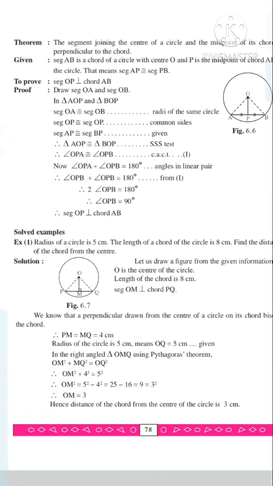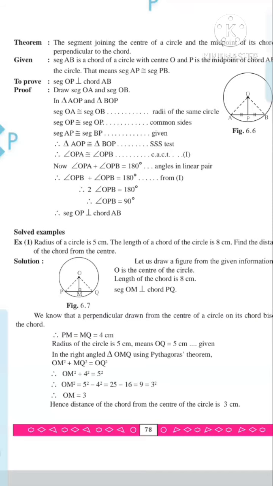Always write the given values in the equation which you have formed, then arrange it and solve. So OM square is equal to 5 square minus 4 square, that is 25 minus 16, you will get 9. But it was OM square, so you want OM, so the square root of 9 is 3. Hence the distance of the chord from the center of the circle is 3 centimeters.